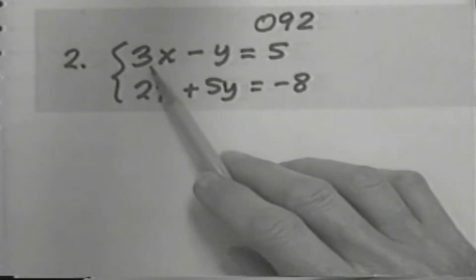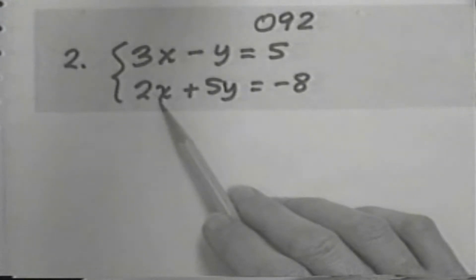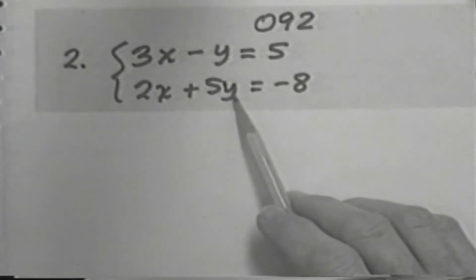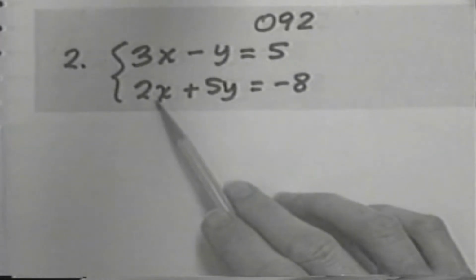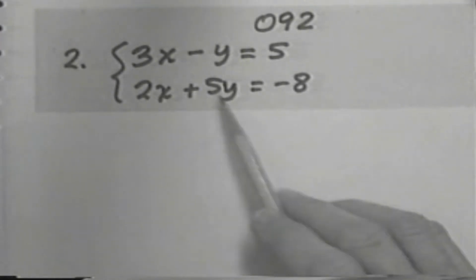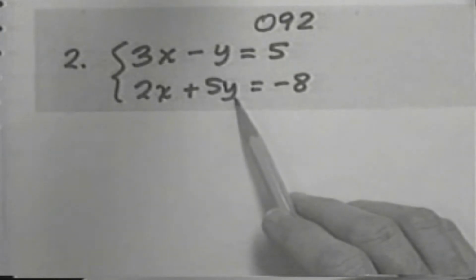Notice that if we solve for x in the first one, we would begin by adding y to both sides, and then we would have to divide by 3, which would give us a fraction. The same sort of thing would happen if we solve for x in the second one. If we solve for y in the second equation, we would get rid of the 2x by subtracting 2x. We would then divide by 5, which would give us a fraction.